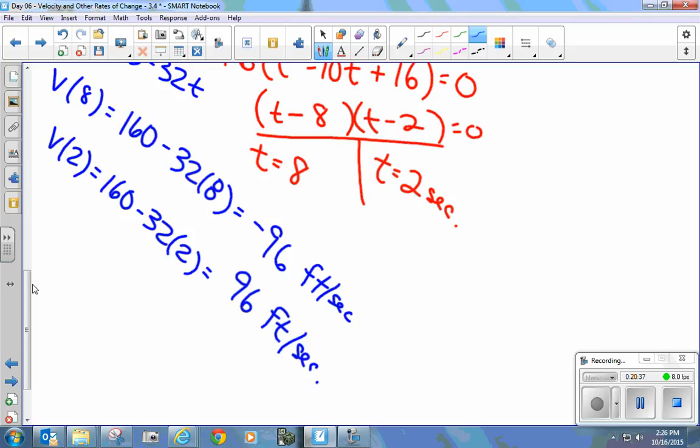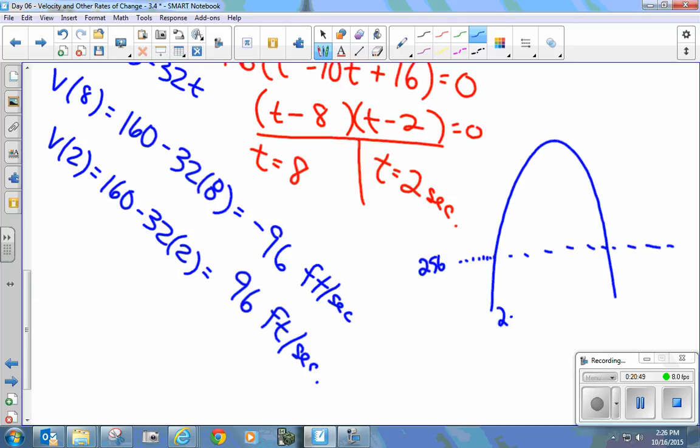That means after 2 seconds, and then at 8 seconds, the rock is going to be 256 feet high. See that? It's just on the way up and the way down. It's going to be going 96 feet per second on the way up, positive. And after 8 seconds, it is going on the way down, negative. Okay?